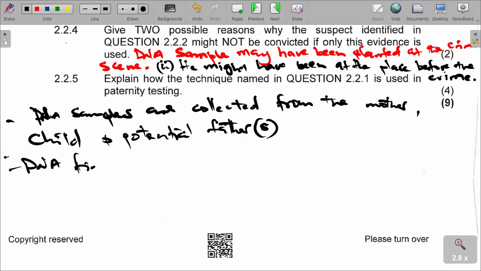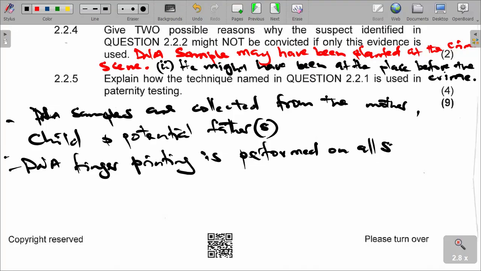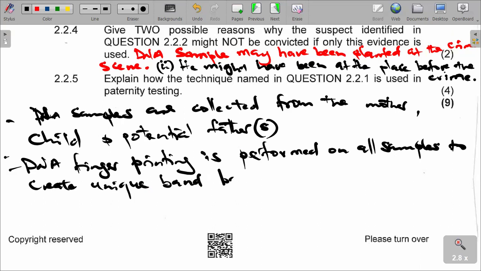DNA fingerprinting is performed on all samples in order to create unique band patterns.